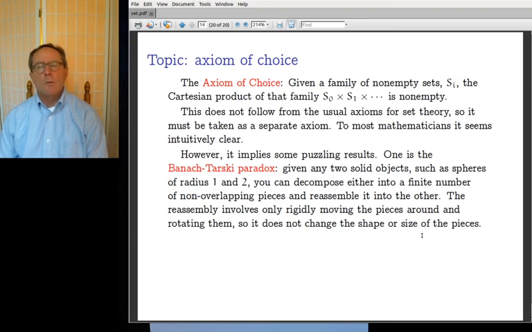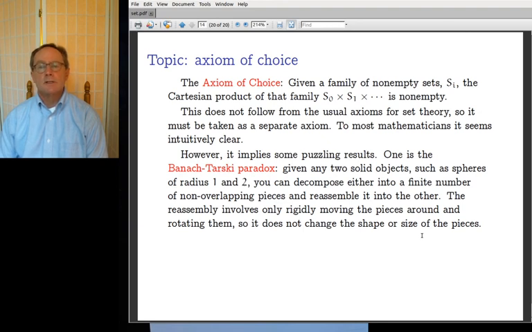You think, well, why can't you have something from the first, something from the second, something from the third? It turns out to be a little tricky to reason through, because which thing from the first, which thing from the second? If there are infinitely many sets, it's not clear how you pick things, one from each of infinitely many choices. That's not perfectly clear, so it doesn't follow from the usual axioms for set theory. You have to take it as a separate axiom.